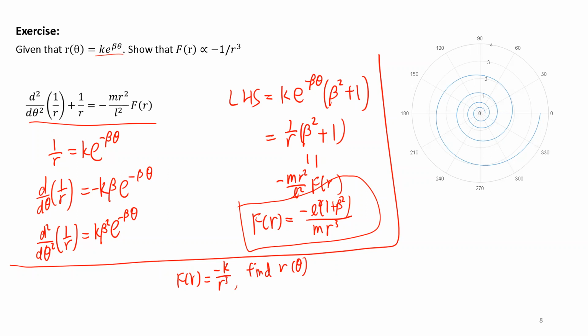If I substitute this f of r into this equation over here, you'll be able to see that the differential equation is like this. And this is just a second order homogeneous linear differential equation, and you immediately see that the solution is an exponential function.